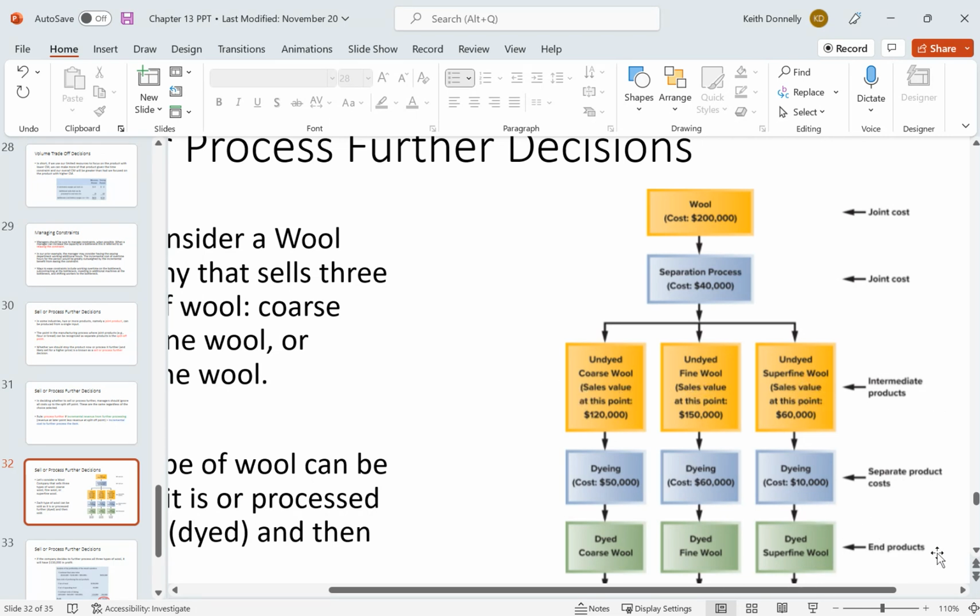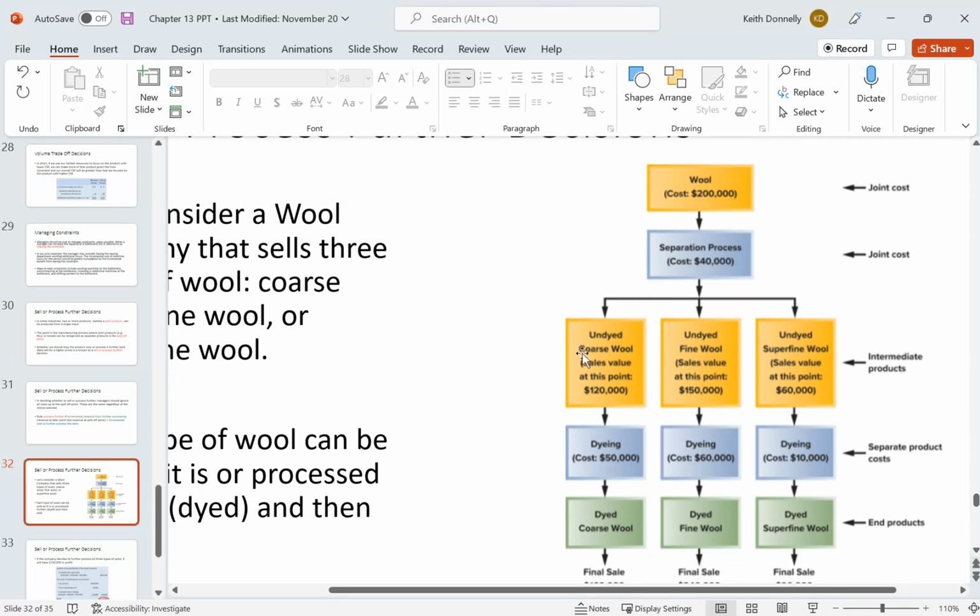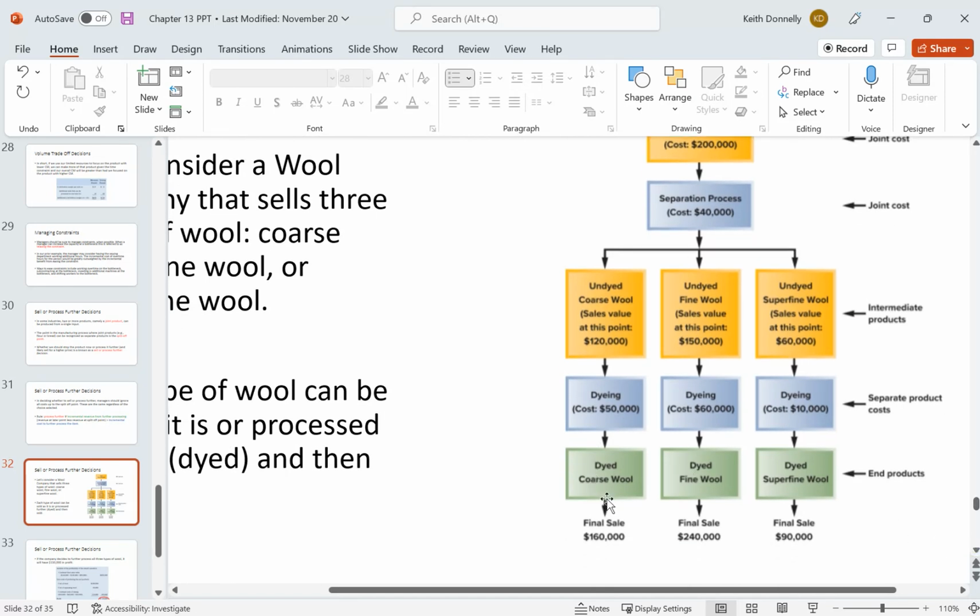The question becomes, once we have our 3 different products, should we process them further, basically dye them a color and then sell them? It's kind of like flour versus bread, undyed regular wool versus dyed wool. Should we sell it as is or process it further once it's colored?